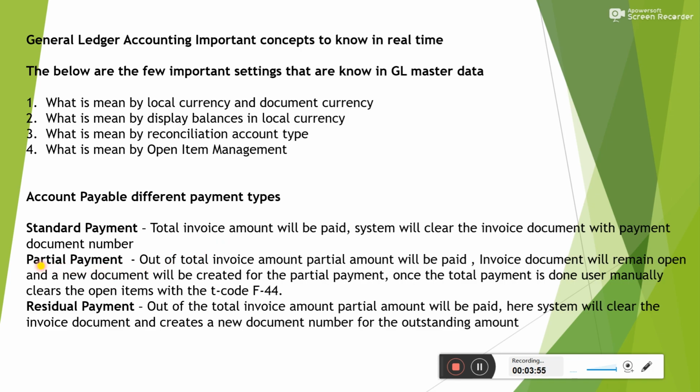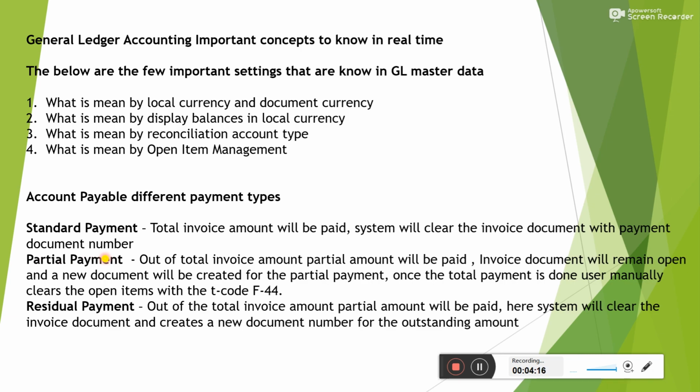When it comes to partial payment, let's say the invoice was posted for 1 lakh and the business is not paying the full amount. They want to pay, let's say, 60,000. In that case, the system will not disturb the invoice document number. The invoice document remains as is.